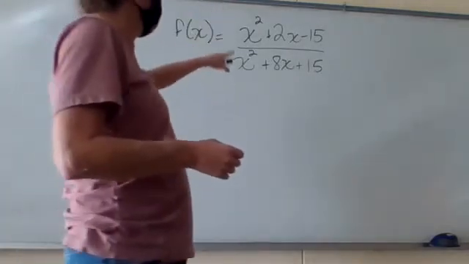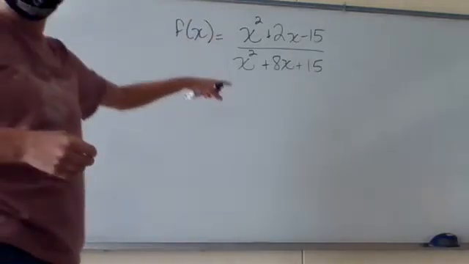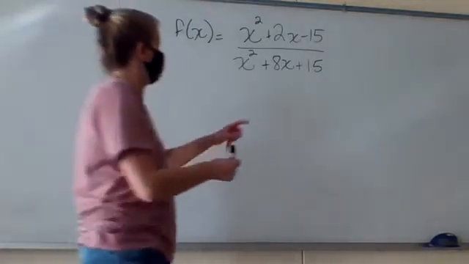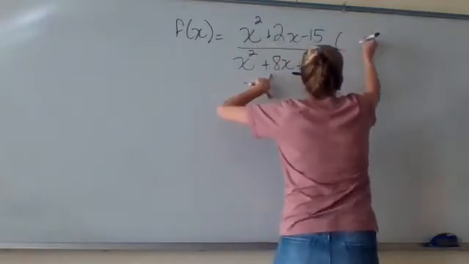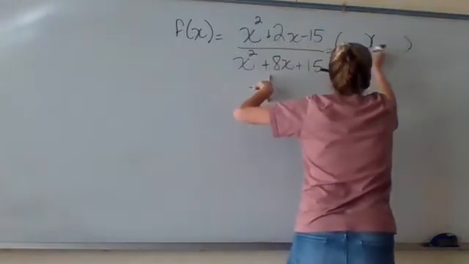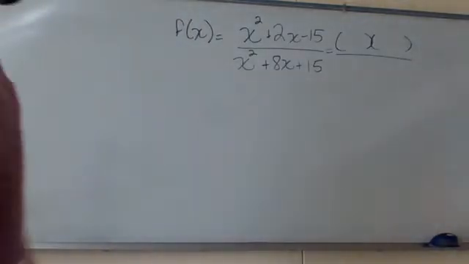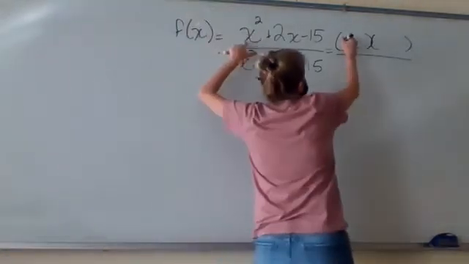Okay, so since they're both quadratics, right, they're both x squared, I can find the zeros by putting them in my quad program or factor them. They're both pretty simple factoring trinomials. X and x for x squared.